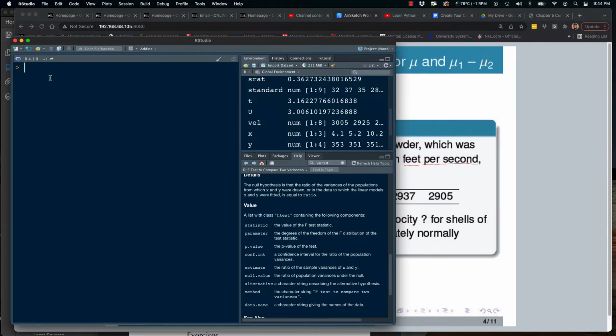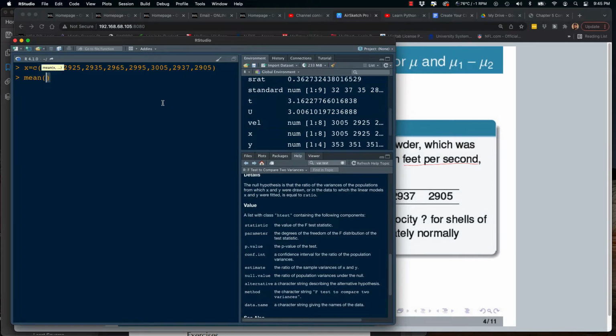I can make a vector in here by saying x equals and use a c to create a vector, parentheses, and then you just list in the data values separated by commas. 2925, 2965, 2995, 3005, 2937, and 2905. Make sure I got 1, 2, 3, 4, 5, 6, 7, 8 values, and we'll know if I put them in right in a second.